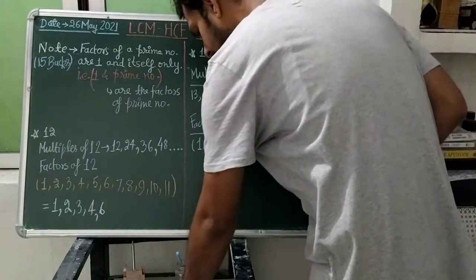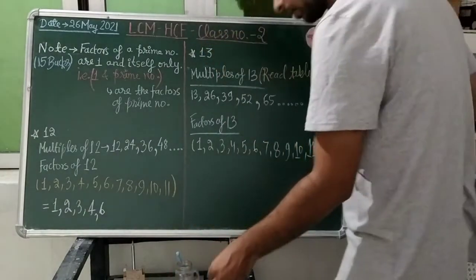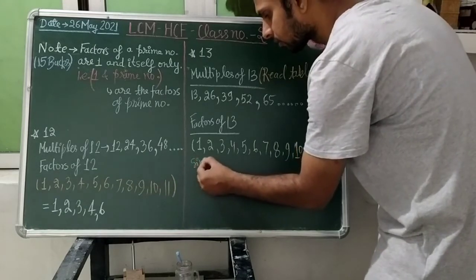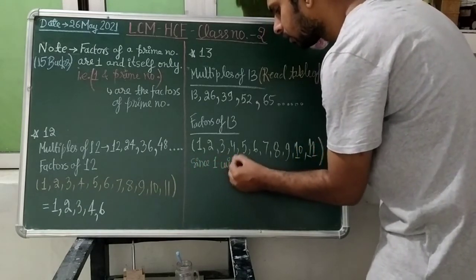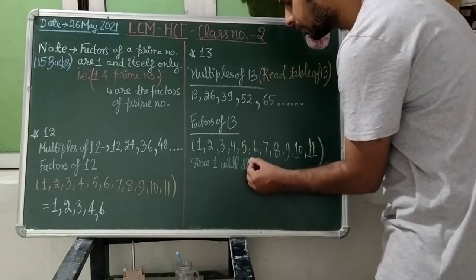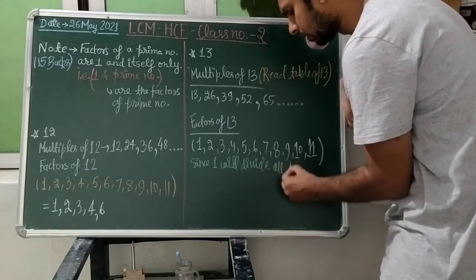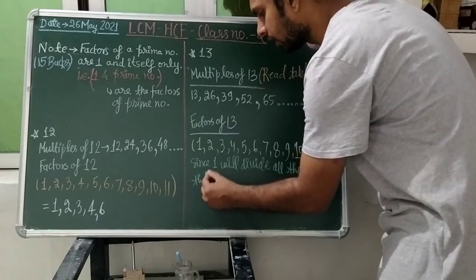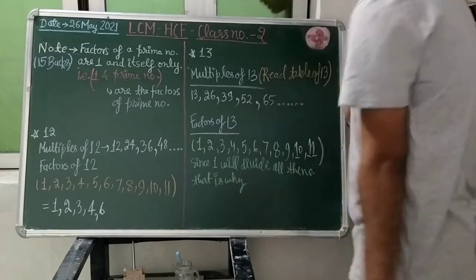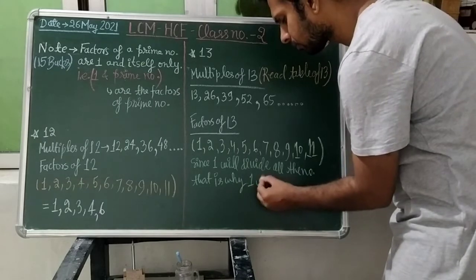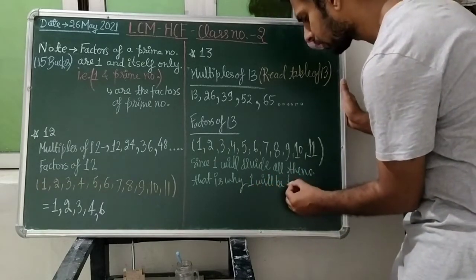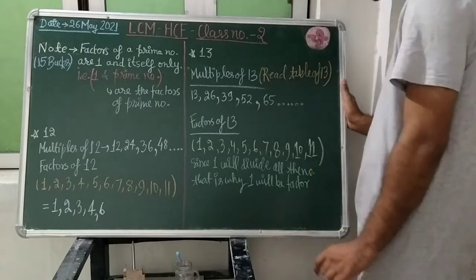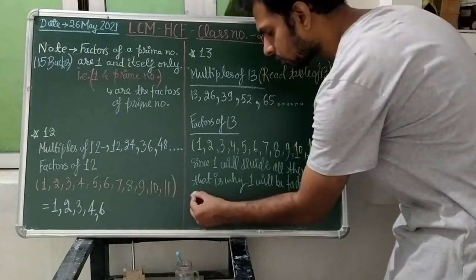You can write this: since 1 will divide all the numbers, that is why 1 will be the factor of all the numbers.